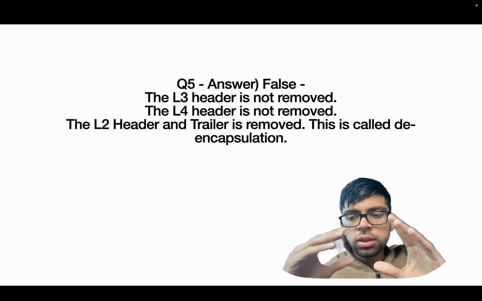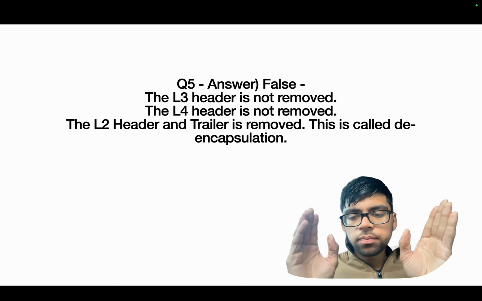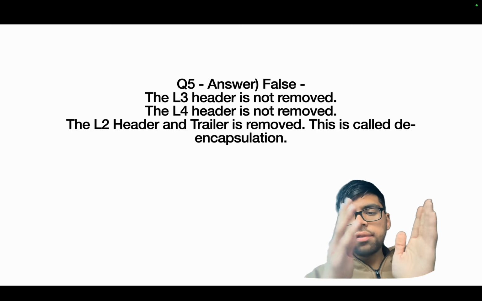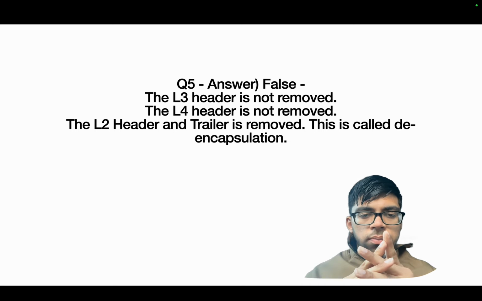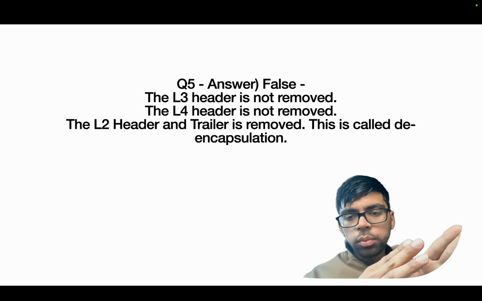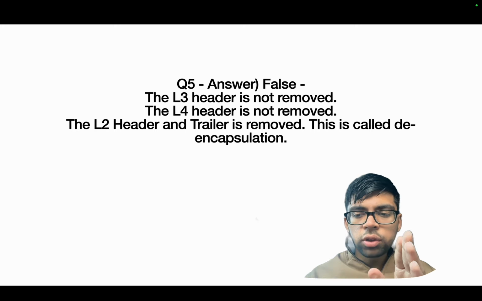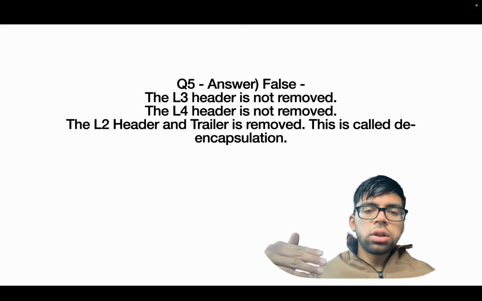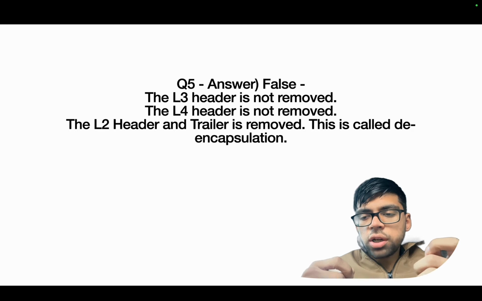It gets attached with a layer 2 header and trailer, and this changes at every hop. At every hop, until it reaches the destination, we're going to have a new header and trailer because the layer 2 addressing is changing.